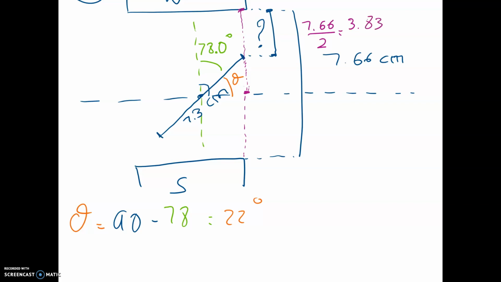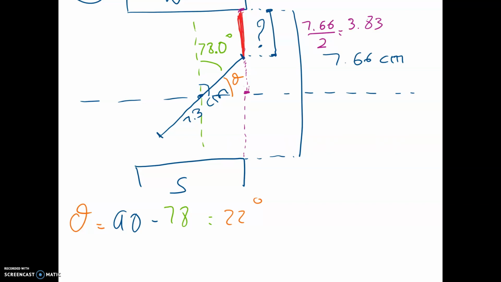There we go, 3.83. And out of this 3.83, I need to define what the distance is. I'm looking for this distance right here, okay?